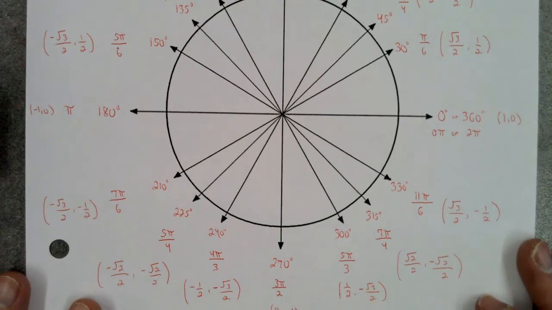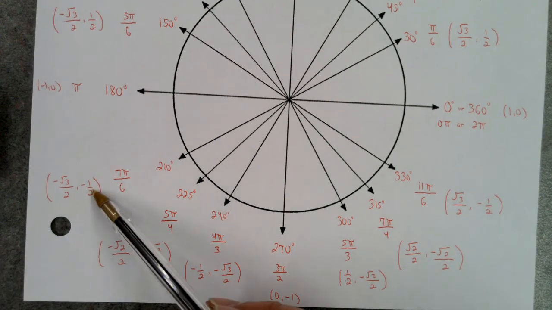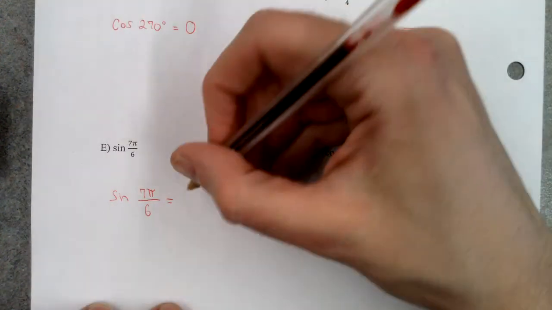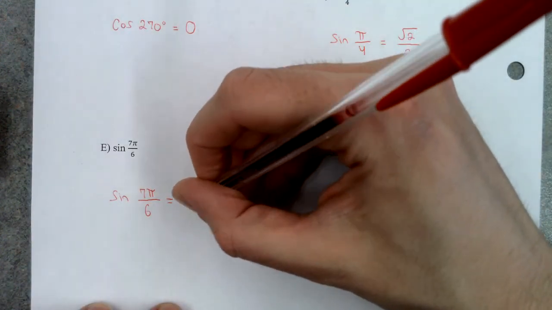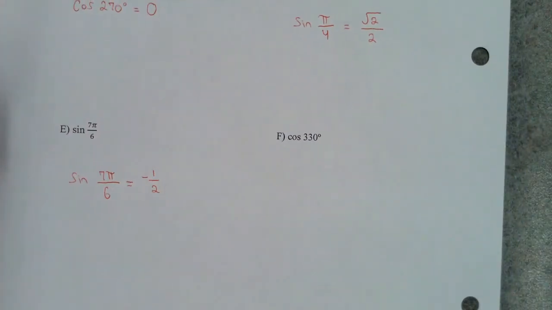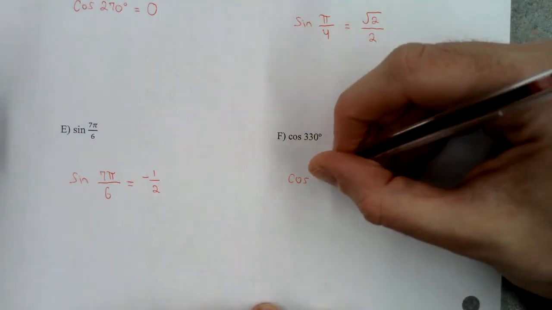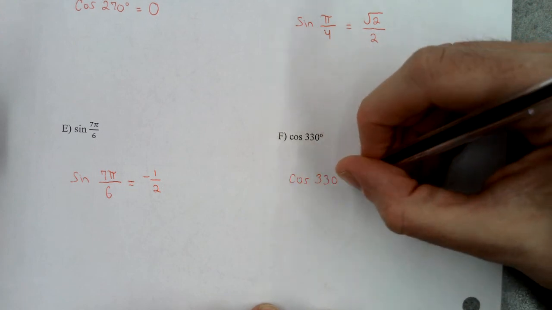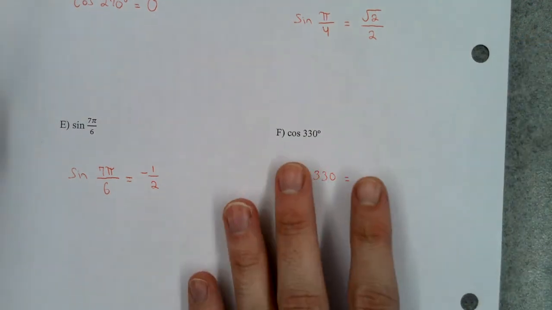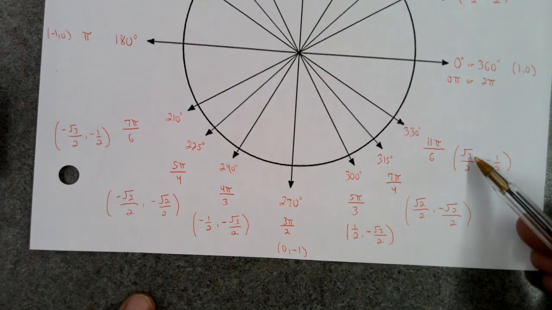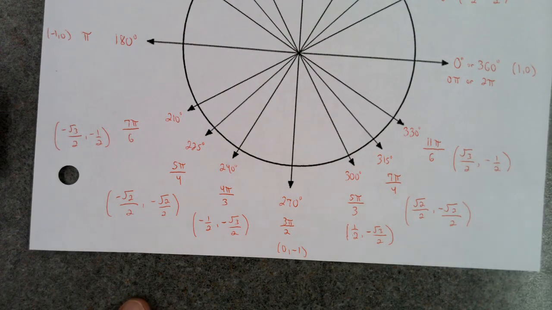Sine is the y value, negative 1/2. Cosine of 330. Cosine is the x value. So if you go to 330, the x value is square root of 3 over 2.